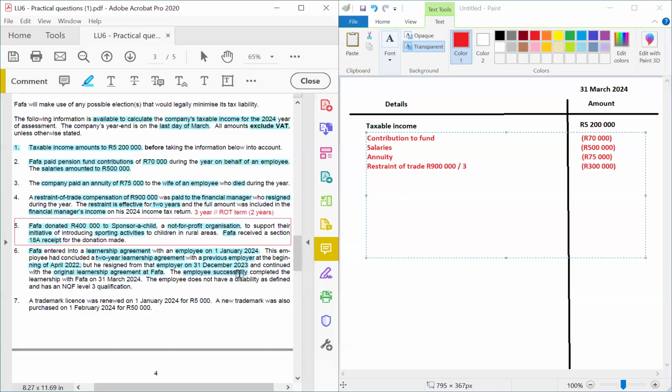The employee successfully completed the learnership with Fafa on the 31st of March 2024. The employee does not have a disability.